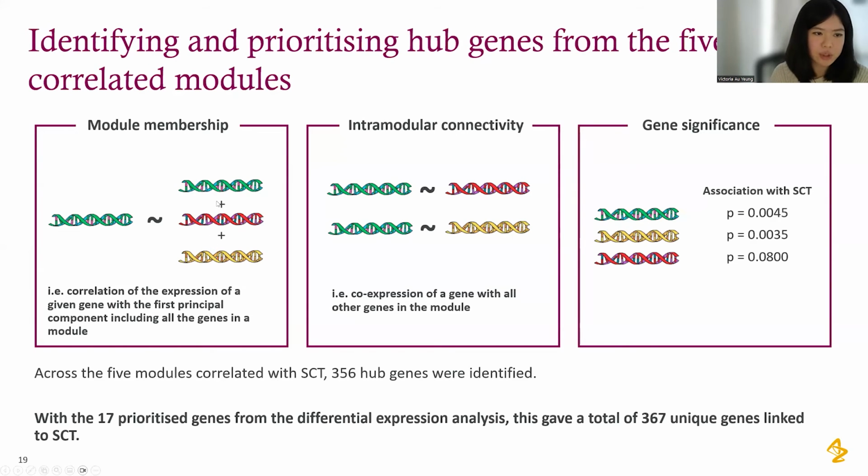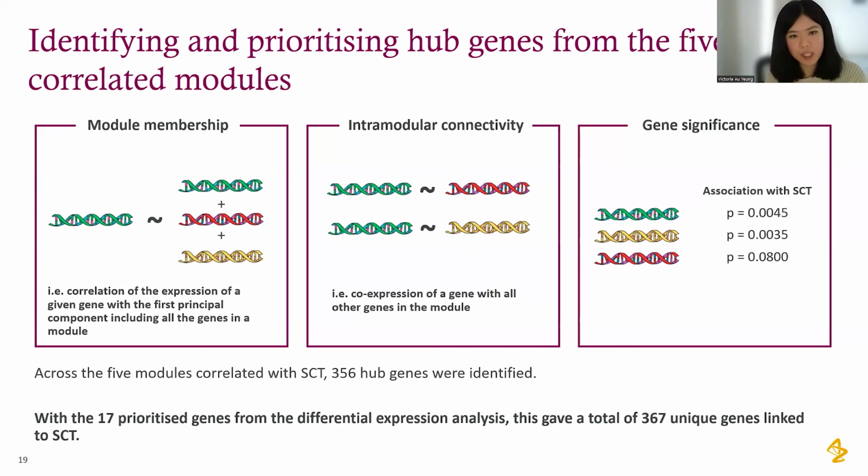But equally, you could say, why do we need to look at the first principal component? We could just look at the correlation of a gene with all of the other genes in a module and see how correlated that gene is. And the more correlated it is with more of the genes, the more connected it is. So this is our second definition of a hub gene, which is intramodular connectivity.